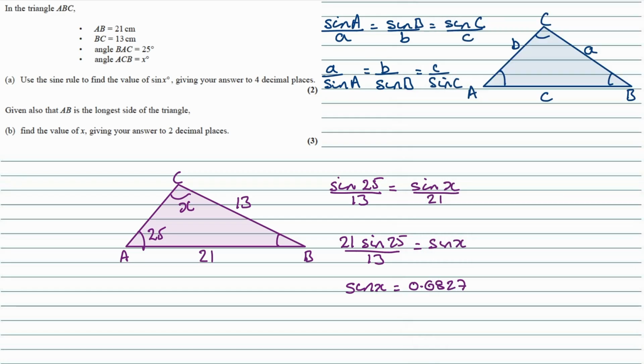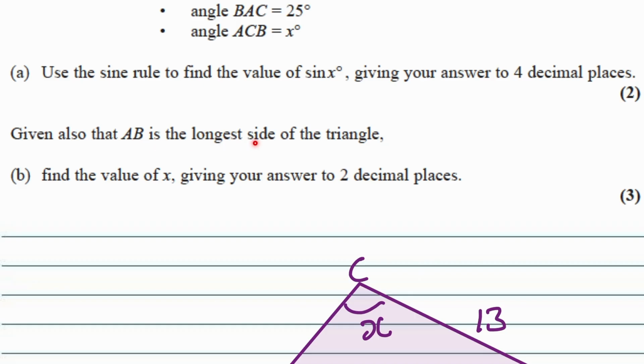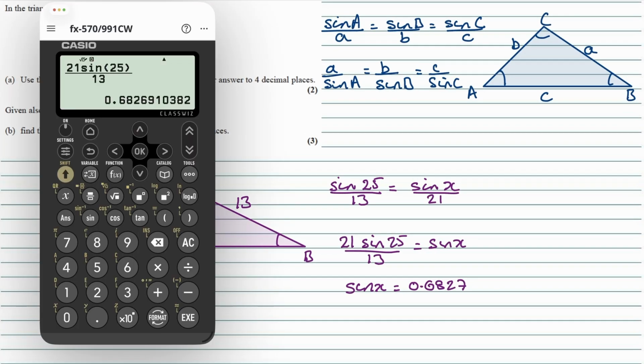So that's part A. For part B, given also that AB is the longest side of the triangle, find the value of X, giving the answer to 2 decimal places. And if we took the arc sine of both sides, then the sine and the arc sine will cancel. So what we're left with is X equals the arc sine of 0.6827.